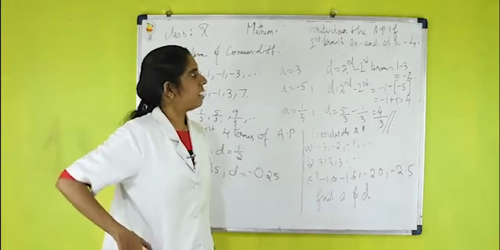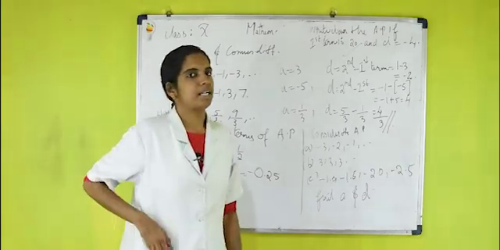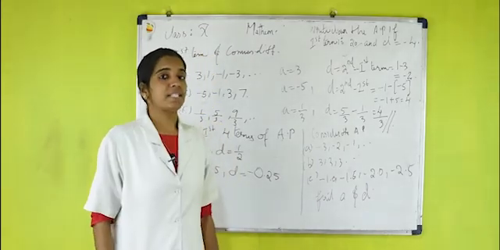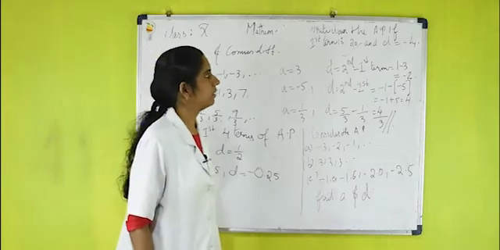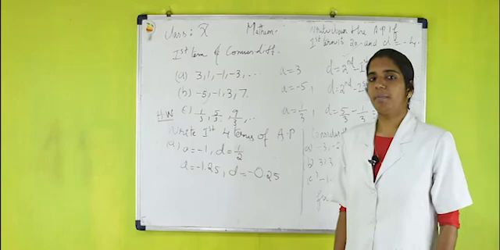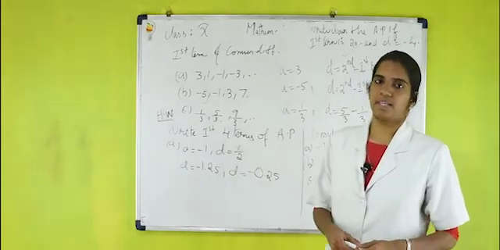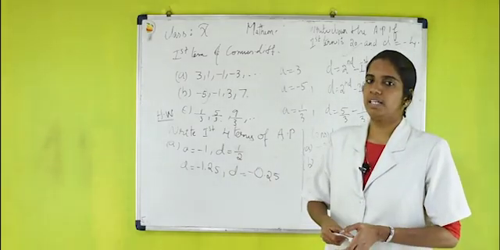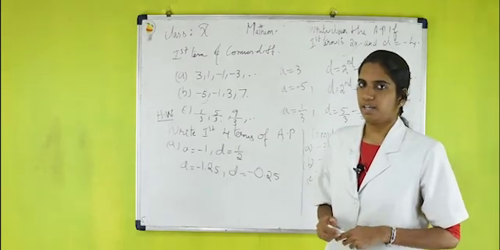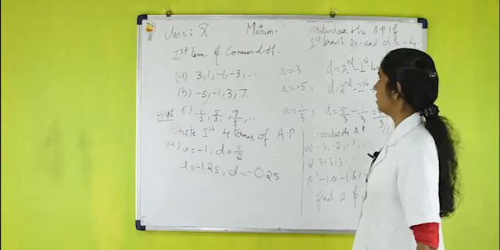Next question. Write down the AP if the first term is 30 and the common difference is minus 3. Okay. And write down the last question.